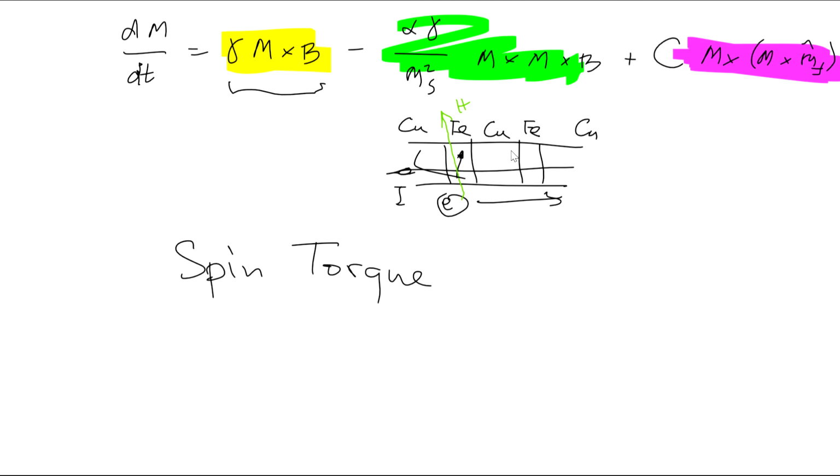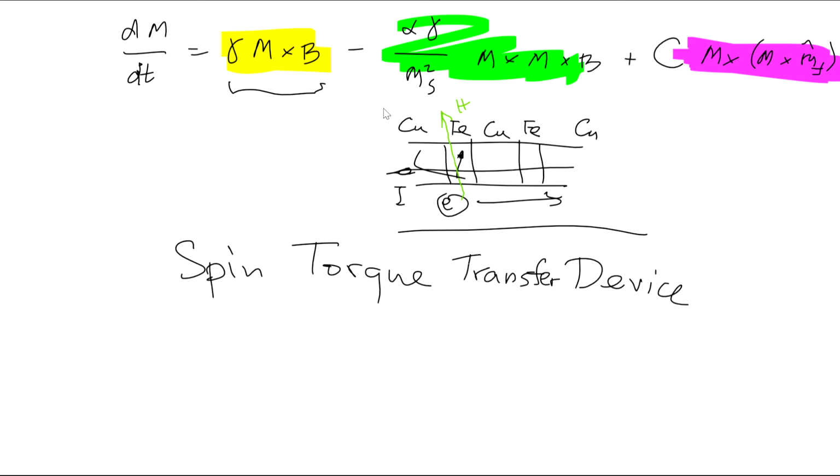The devices where you have two ferromagnetic layers sandwiched in between copper layers with a copper spacer in between are called spin torque devices. But what we do, we use electrons to transfer that torque, and that would be spin torque transfer. So for a spin torque transfer device, there are several things that we can do.